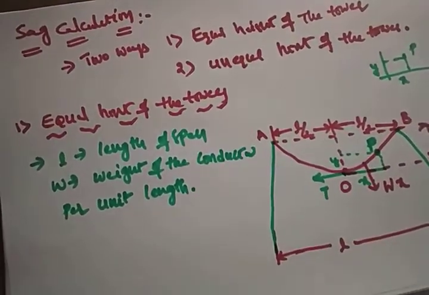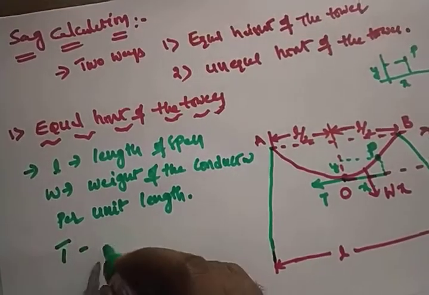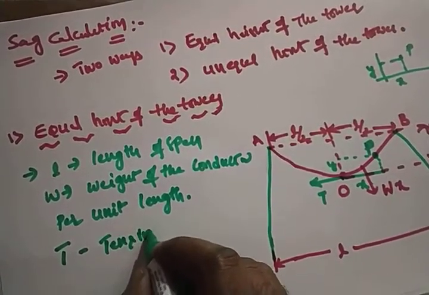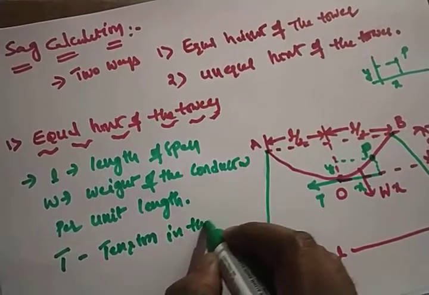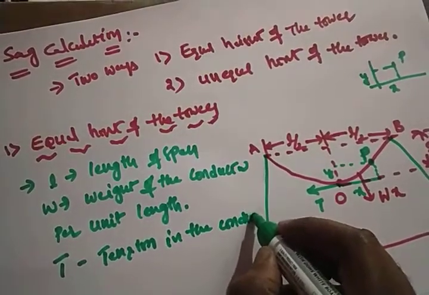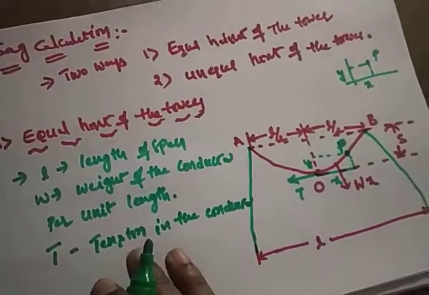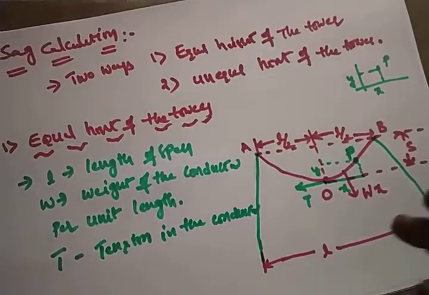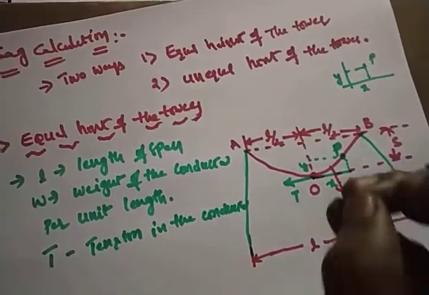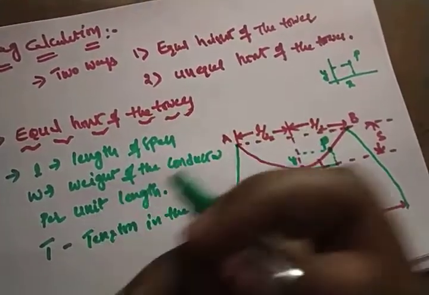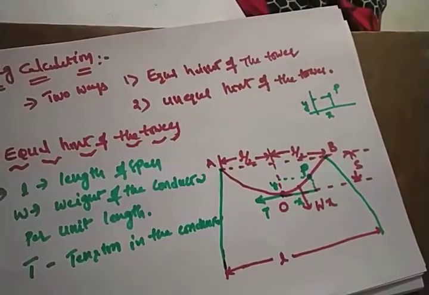And T will be the tension in the conductor. You assume a point P which has two coordinates, x coordinate and y coordinate. At point O we have a force, which is nothing but the tension, present in the tangential direction.